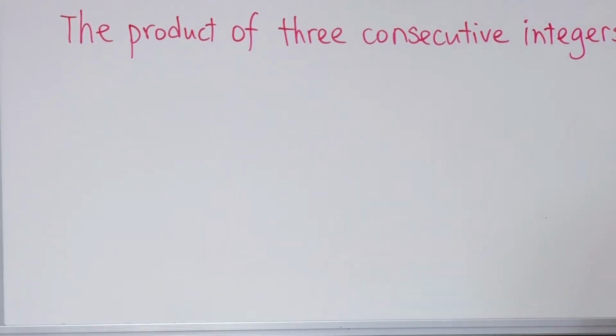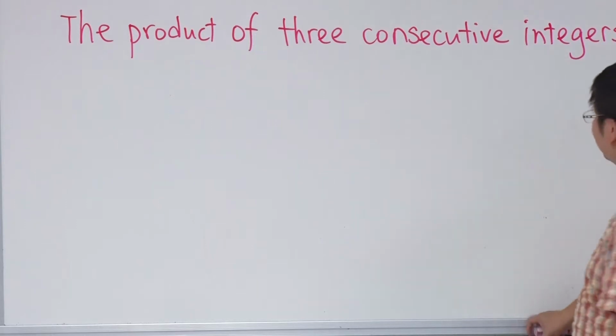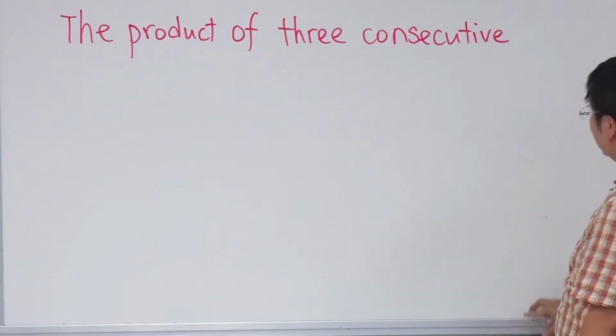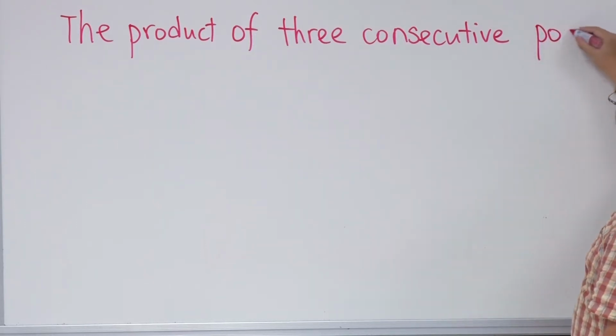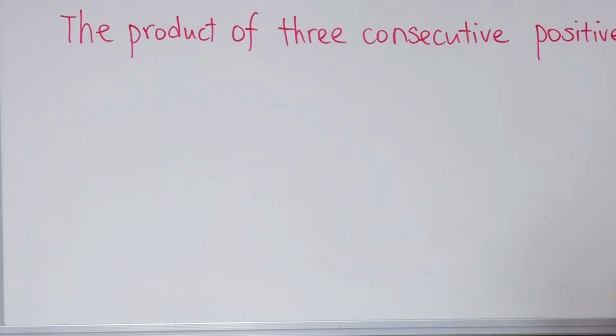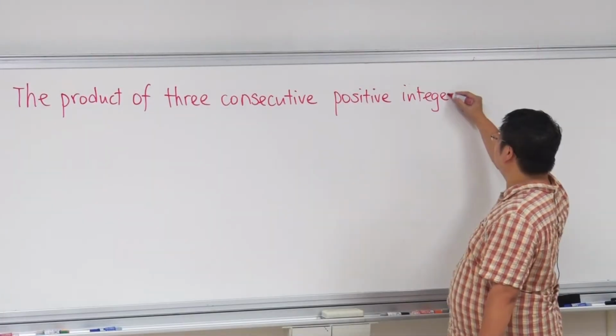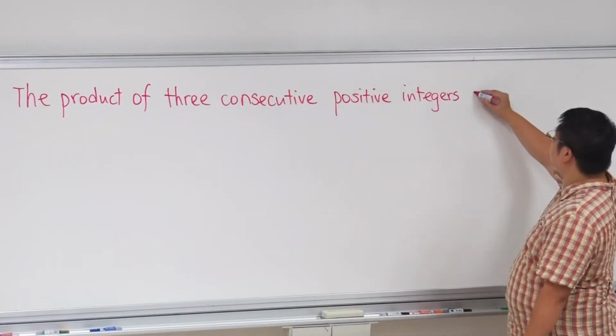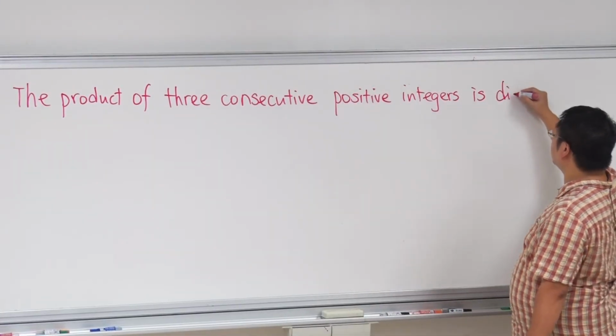If we multiply 3 consecutive positive integers, the product will be divisible by 6.